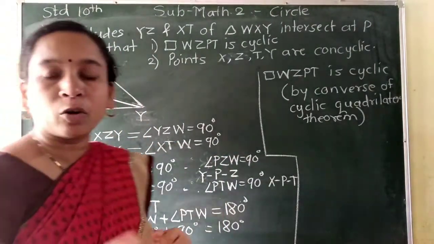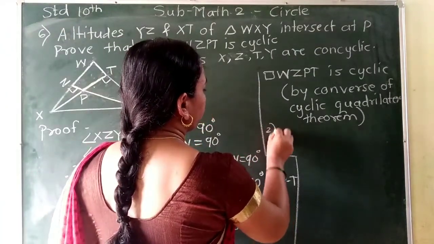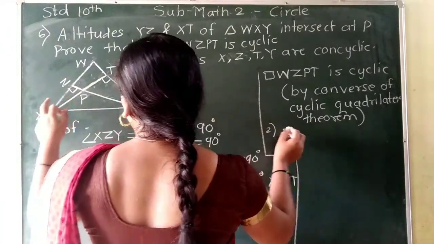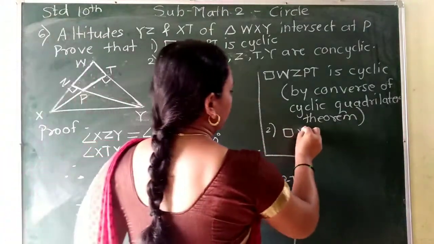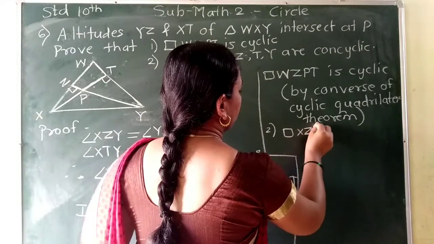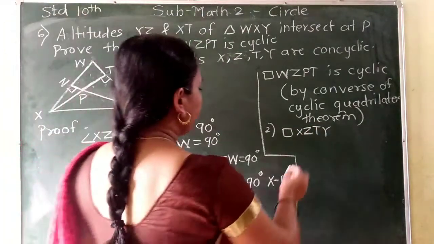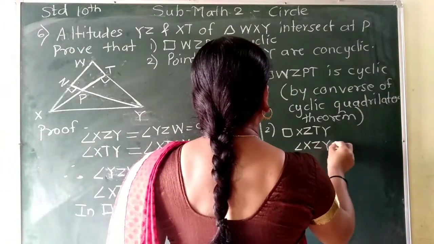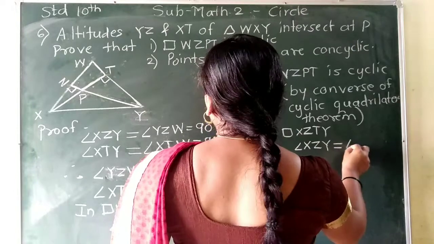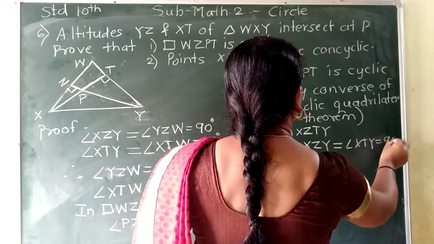To prove this, we know one more property. So here, for the second proof, we'll consider the quadrilateral XZTY. Here we get angle XZY equal to angle XTY, and these are 90 degrees.